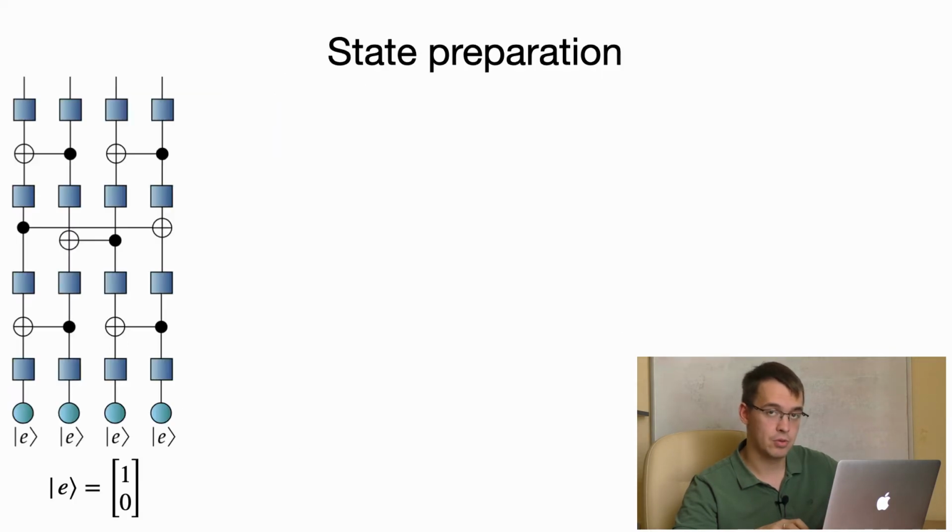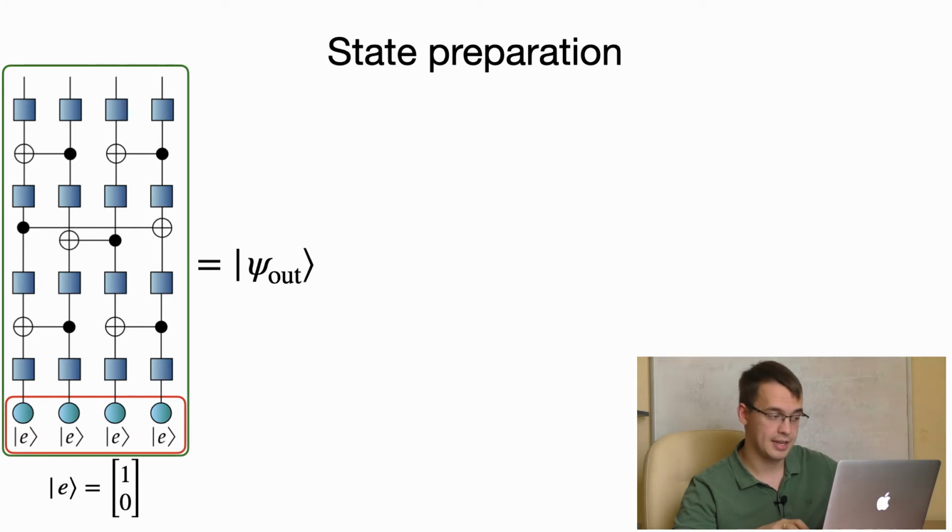We can use quantum programs for different purposes. For example, we can use them to prepare a desirable quantum state. Let us assume that we pass some trivial state which can be easily prepared in a quantum hardware through a quantum program. And we get some output state that is a result of application of a quantum program to an input quantum state.